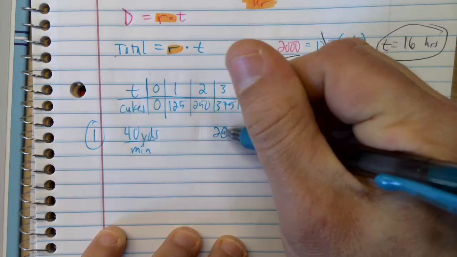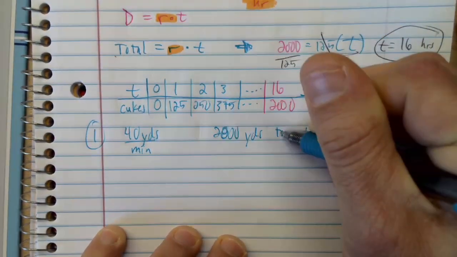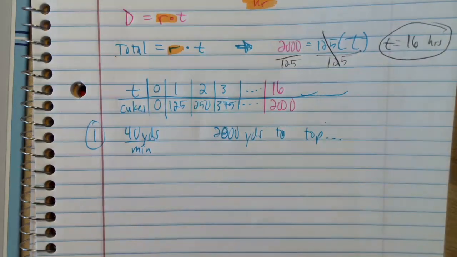2,800 yards to the top. What does that represent? The 2,800 yards.